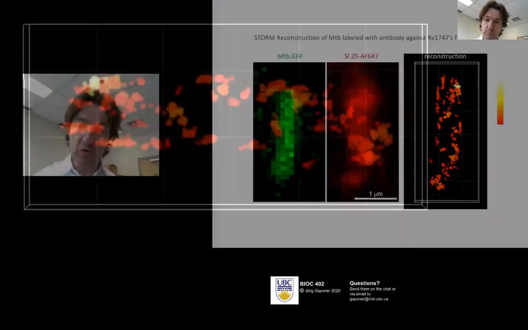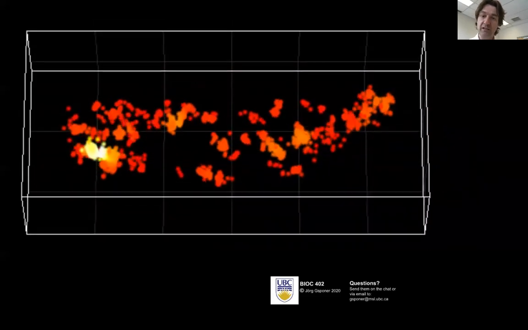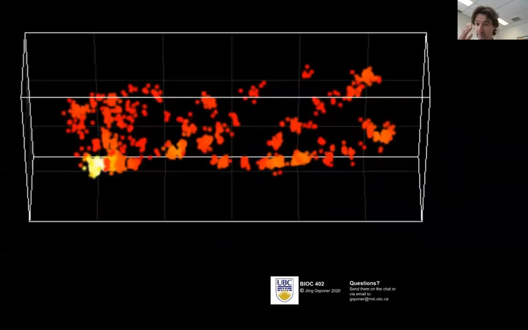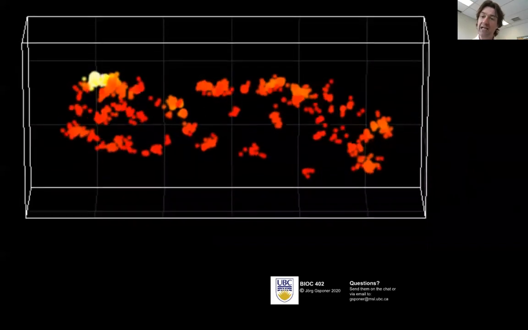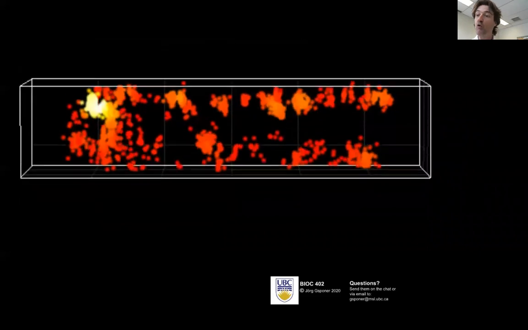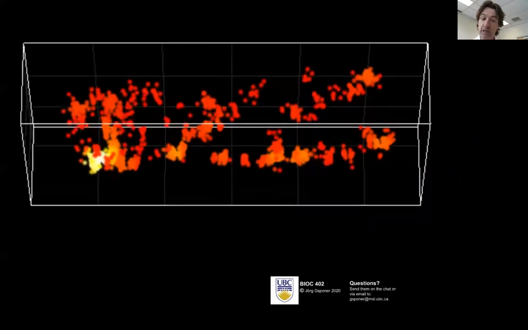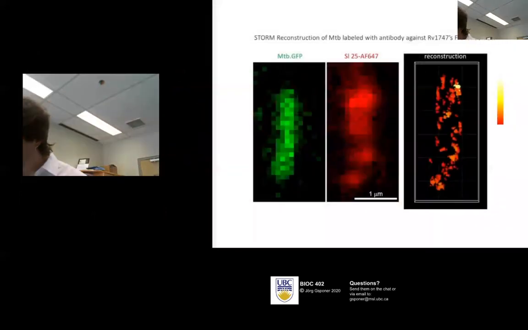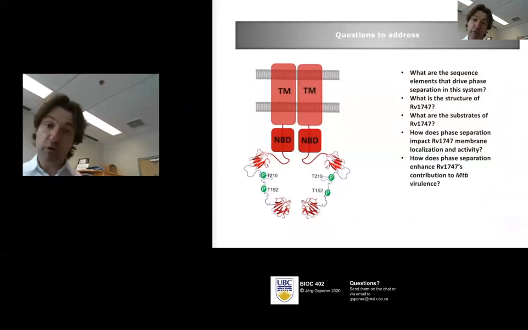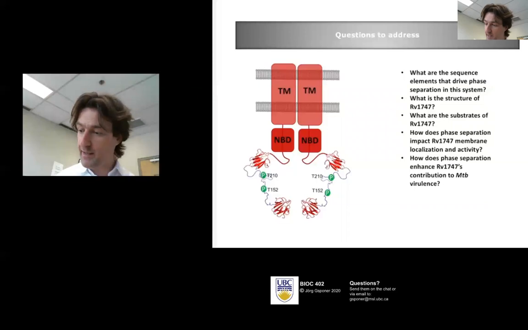And with the help of super resolution microscopy, I show you here the result. We could indeed show that this transmembrane protein, this ABC transporter, occurs in the membrane in the form of clusters where we have multiple molecules close in space together. So these were the first results that we generated and that we have published in a recent PNAS paper.